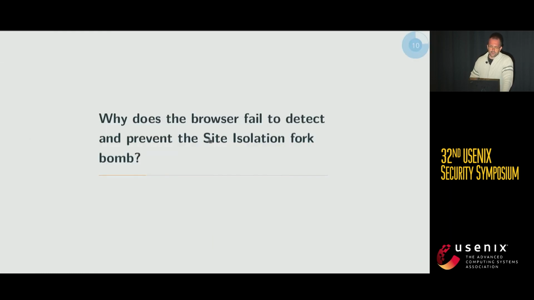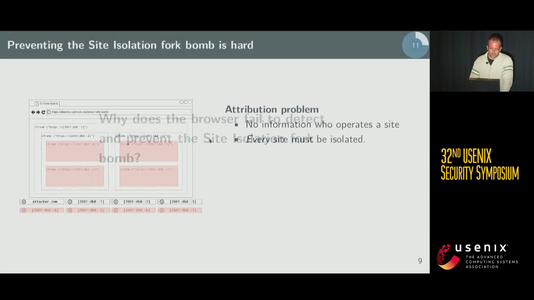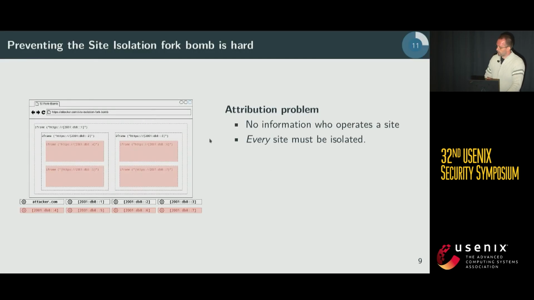So why does the browser fail to detect and prevent the site isolation fork bomb? There are two problems at play here. First, we have an attribution problem. Actually, the browser has no information about who operates the site. So if we look at all those IP addresses here, the browser cannot know that all the IP addresses actually belong to the attacker. It has to assume that all are unrelated sites and thus isolate each and every one of them.